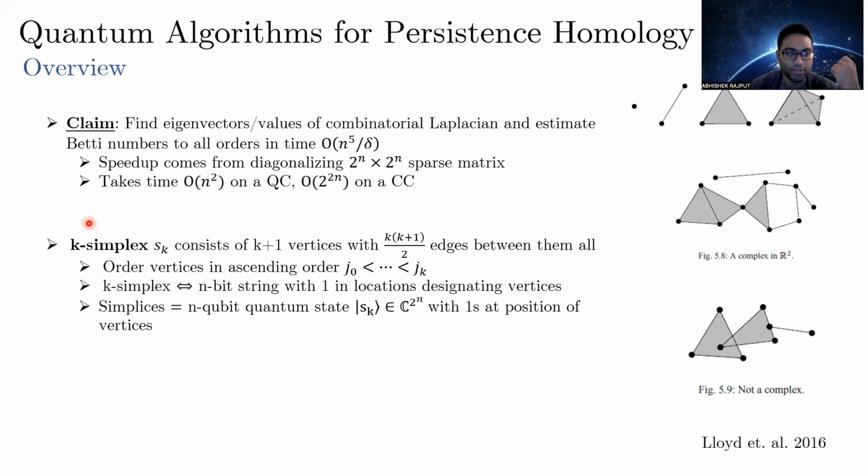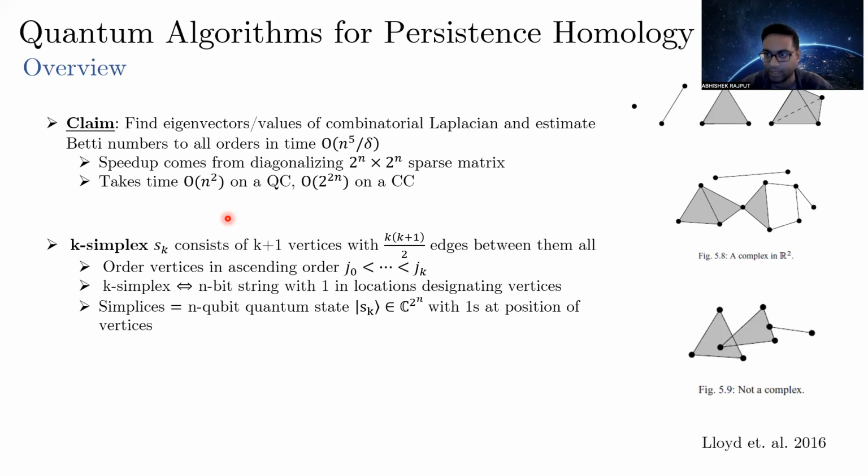The idea is, for these k-simplices, you order the vertices in the k-simplex in some ascending order. And you then identify a k-simplex with an n-bit string with ones in the locations where the vertices actually exist.